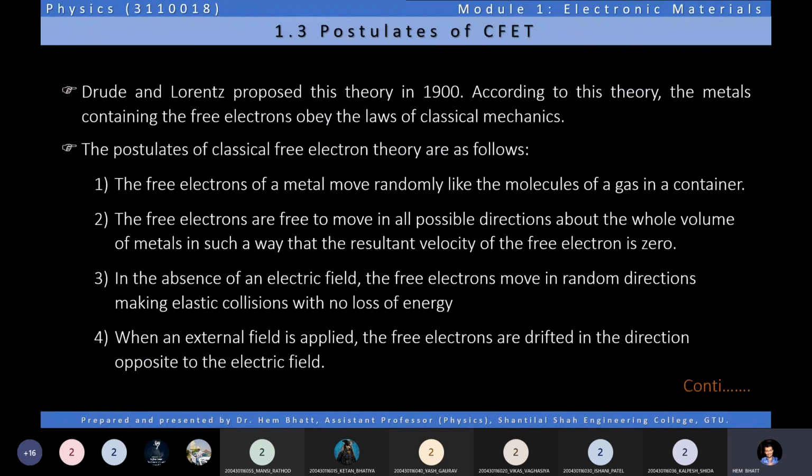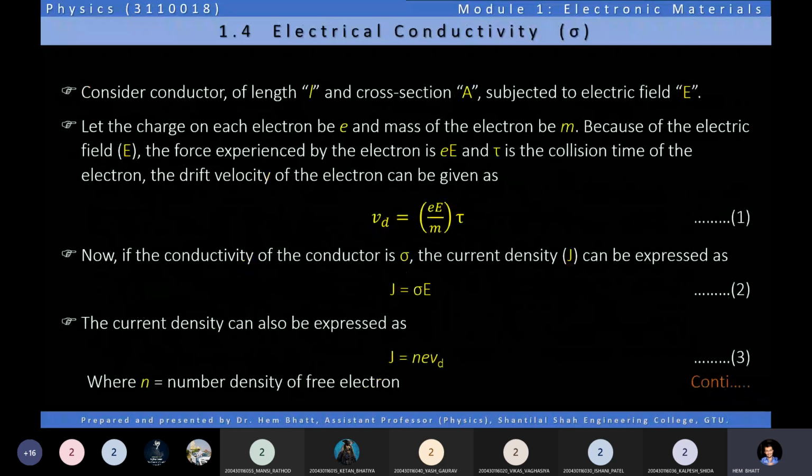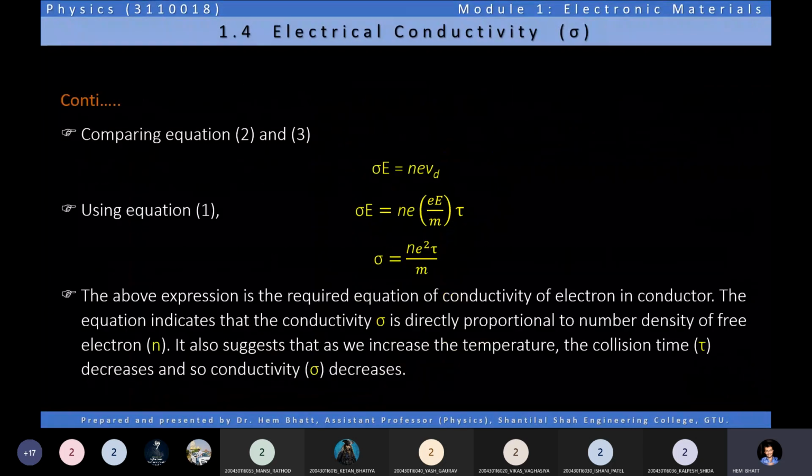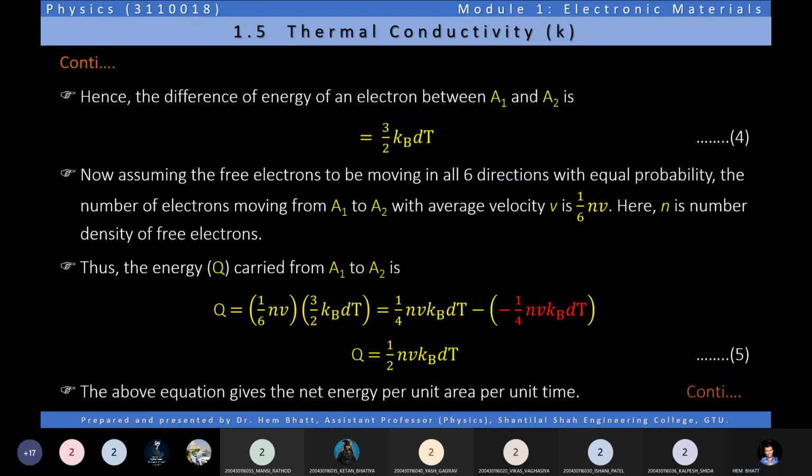Then we had 10 postulates of classical free electron theory. Then electrical conductivity, sigma is equal to n e squared tau by m. Similarly, we derived the expression for thermal conductivity also.